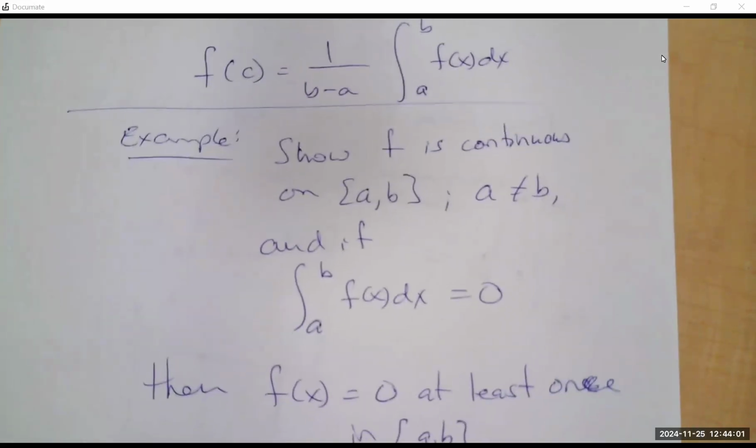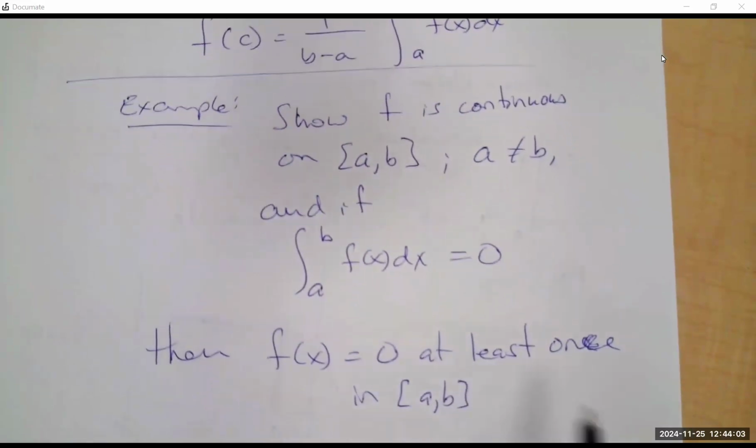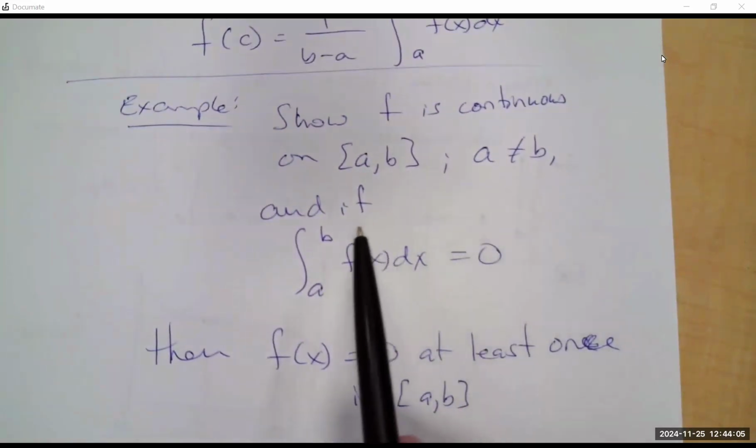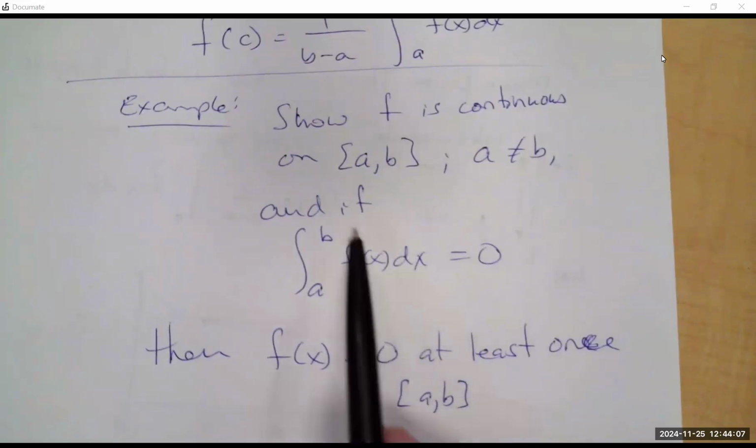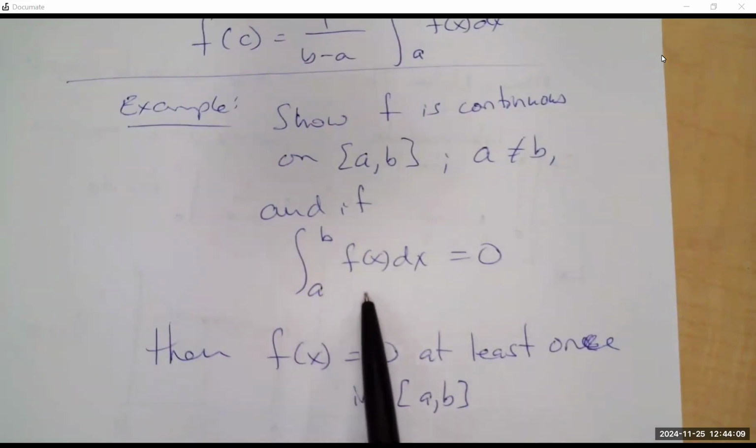Show that f is continuous on AB and that A does not equal B, and if the integral from A to B of f of x equals 0, then f of x equals 0 at least 1 point. And this is leading us to what's happening in a very, very near future.